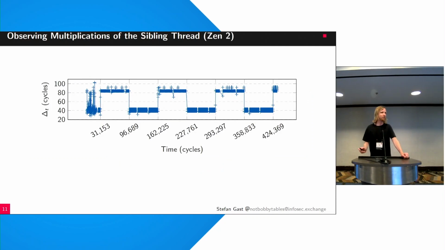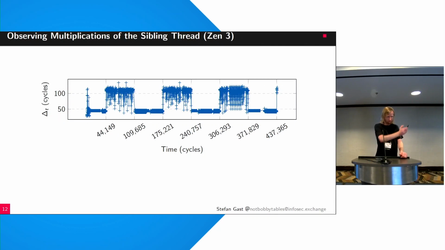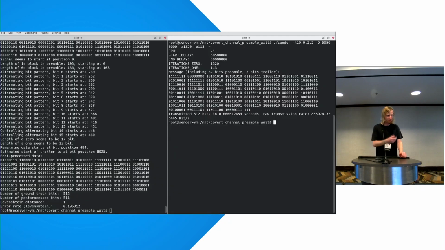And you can see on Zen 2, we get a nice clear signal out of that. On Zen 3, it's a little bit noisier, but still fine for us. So this allowed us to build a covert channel with that.